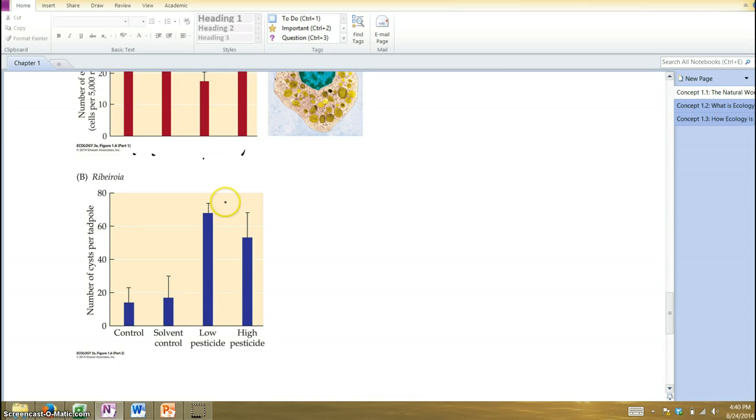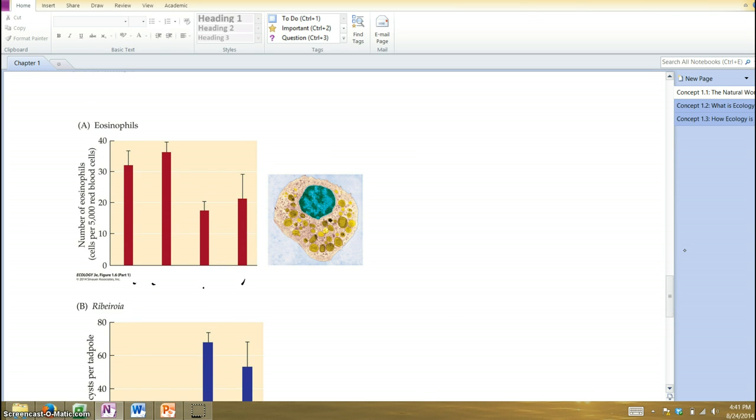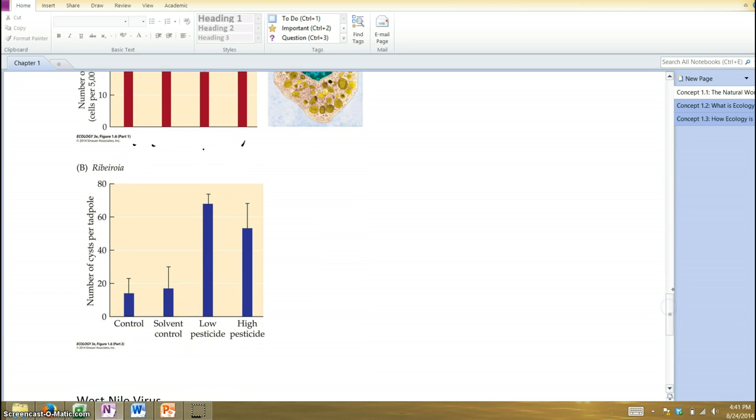And so you can see the number of cysts, or essentially parasites, are much higher in the presence of the pesticides. So this suggests, again, doesn't really prove, but suggests that the pesticides lower the white blood cell count and make them more susceptible to the parasite. Of course, the white blood cells are what are involved with fighting off pathogens and other infections and parasites and such like that.